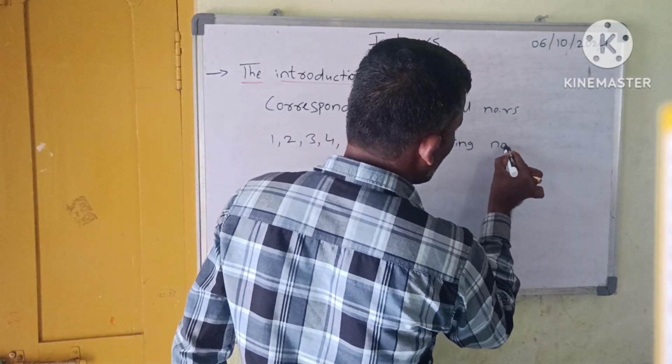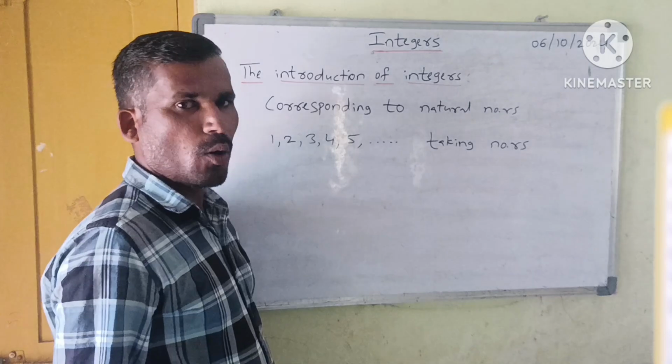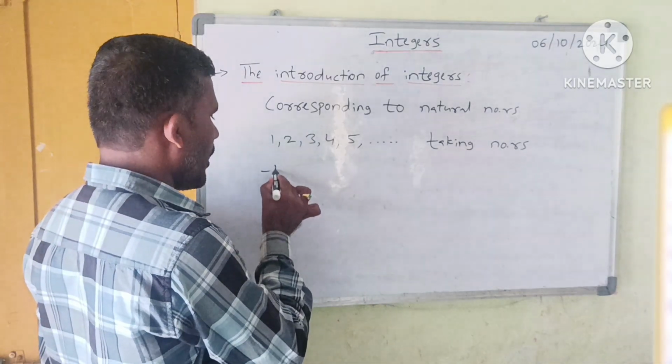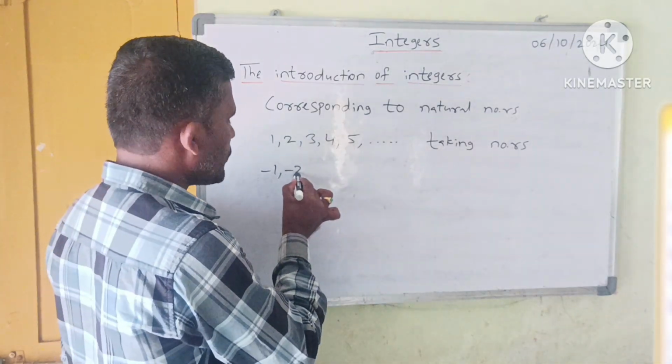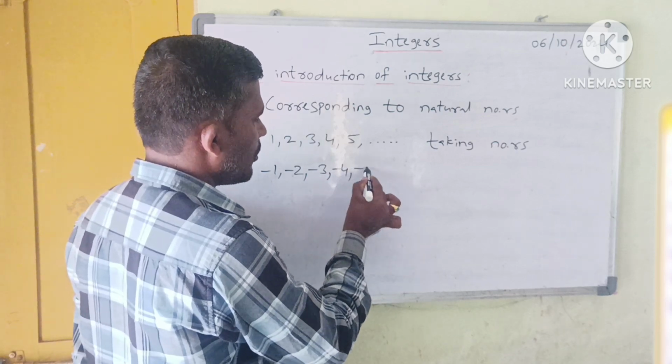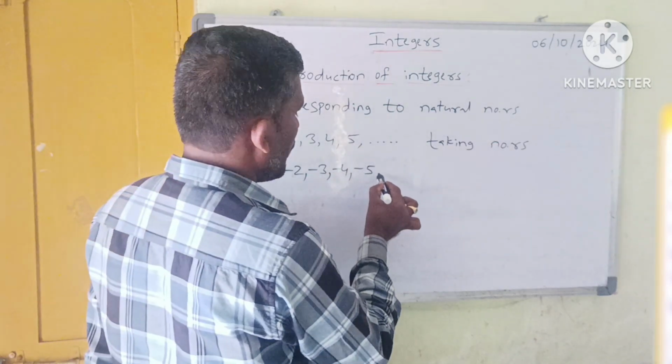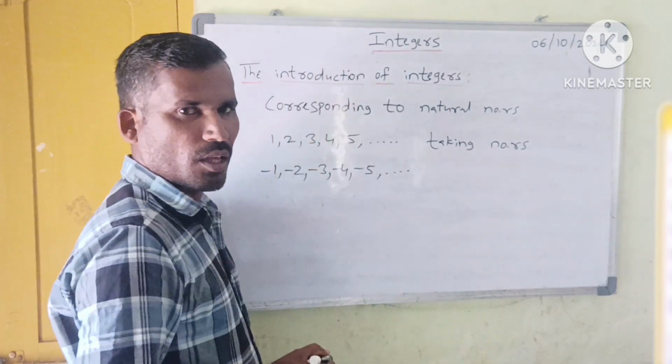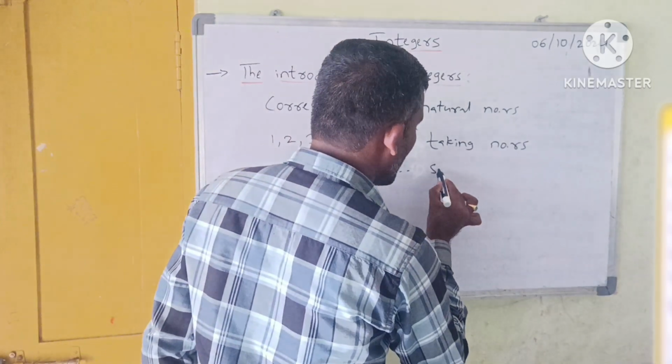Corresponding to natural numbers, we take negative numbers. How am I taking the numbers? Minus 1, minus 2, minus 3, minus 4, minus 5 and so on. How am I taking these numbers?